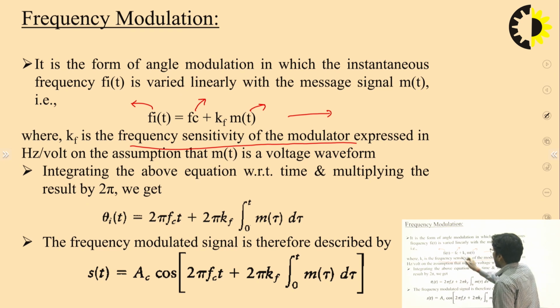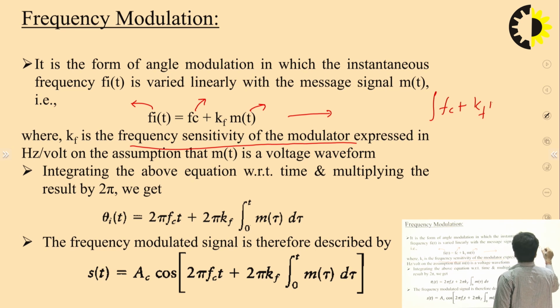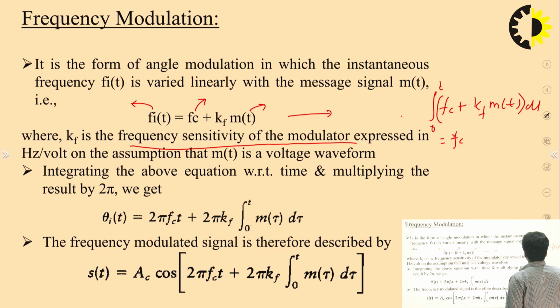So you will have, if you integrate f_c plus k_f m(t) dt over 0 to t, you will have f_c t plus k_f integral 0 to t m(t) dt, right?